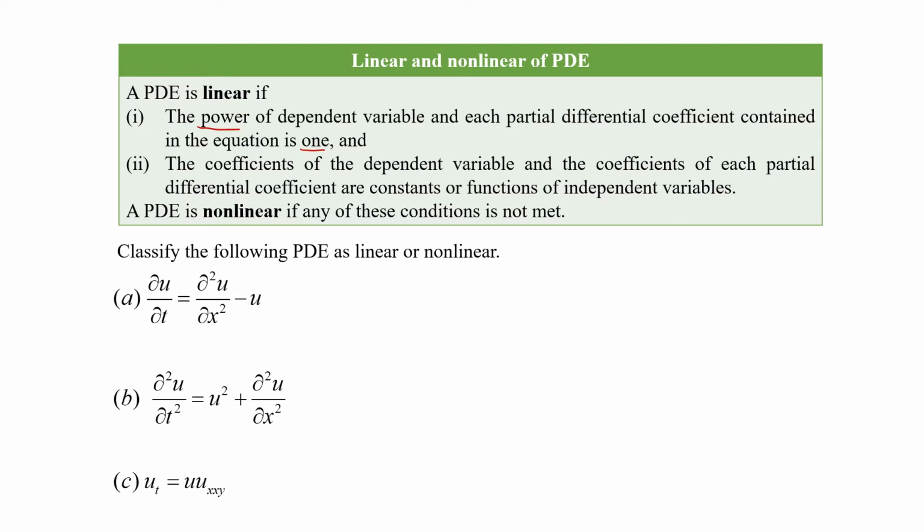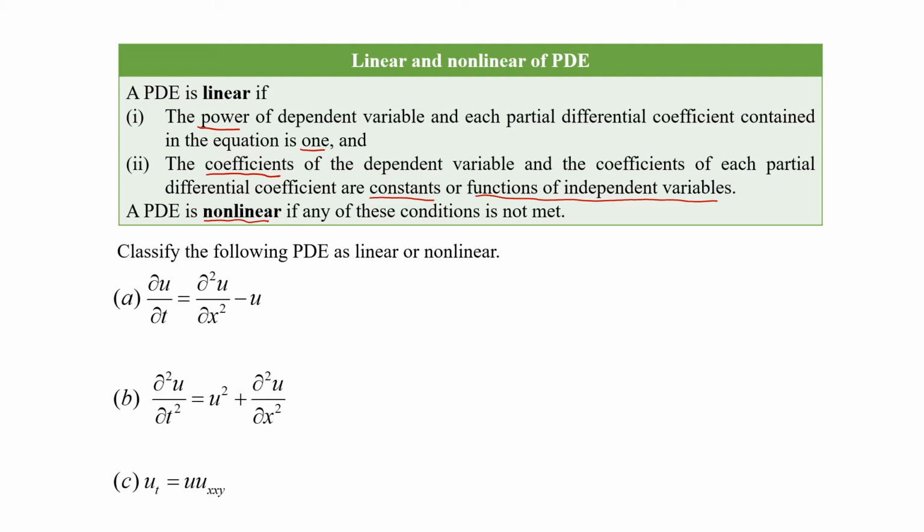And the second condition is that the coefficients of the dependent variable and the coefficients of each partial differential coefficient are constants or functions of independent variables. If any of these conditions is not met, then the PDE is nonlinear.